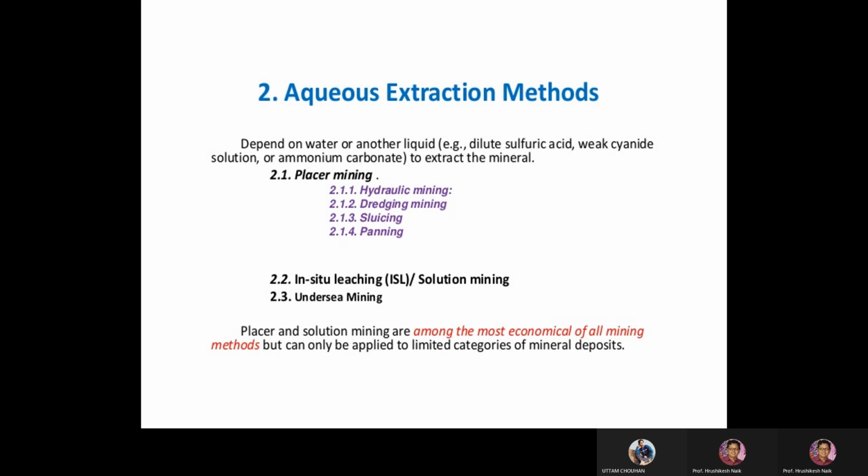So the aqueous extraction methods depend on water or another liquid. Either you can use water or you can use another liquid such as dilute sulfuric acid, weak cyanide solution, or ammonium carbonate to extract the minerals, depending on the type of mineral you are going to extract.